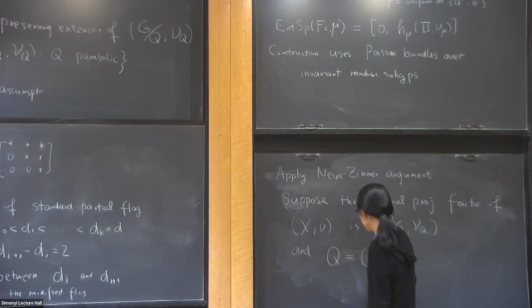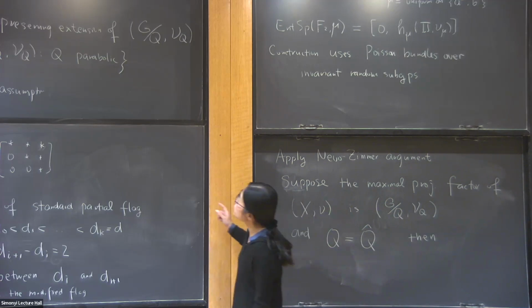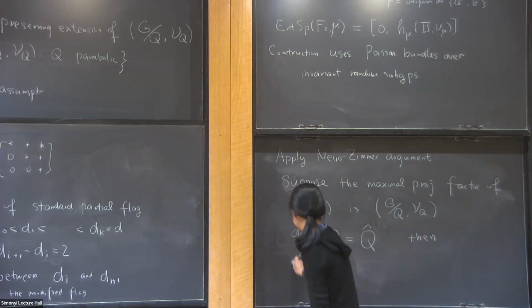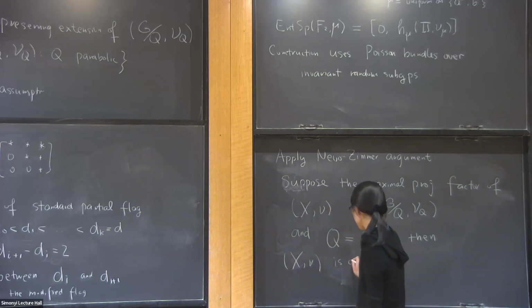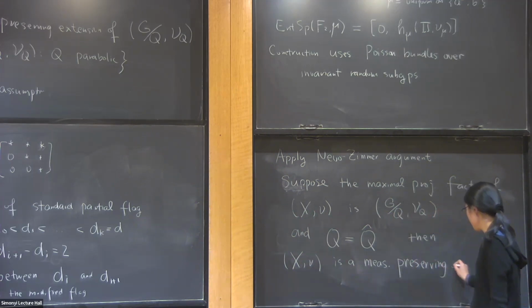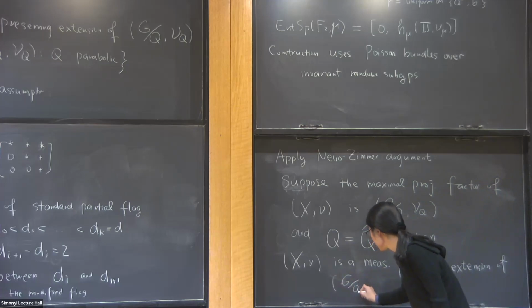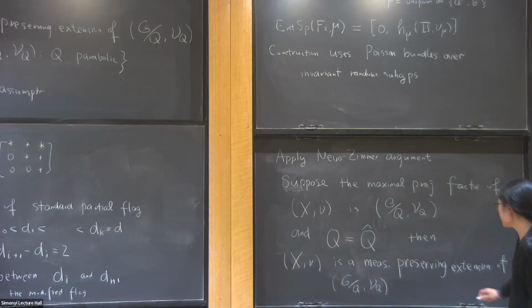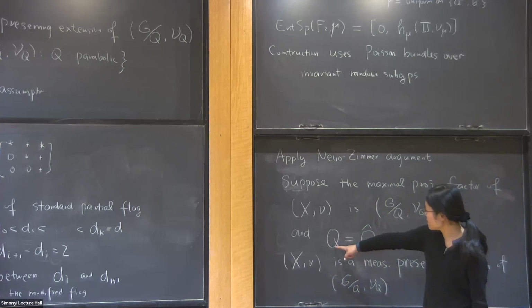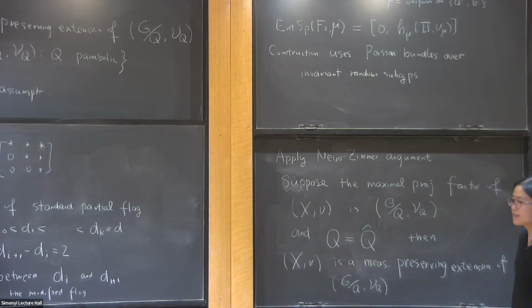So you do nothing to Q. If you try to remove a 2x2, like these are rank one factors from the Levi subgroup, you get the same conclusion as here, that it's actually a measure preserving extension of G mod Q. The reason is that this description just means that on your diagonal, you only have higher rank factors in the Levi subgroup.